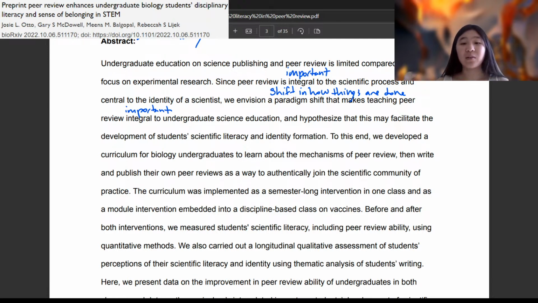And they also hypothesize or speculate that this may facilitate the development of students' scientific literacy and identity formation.